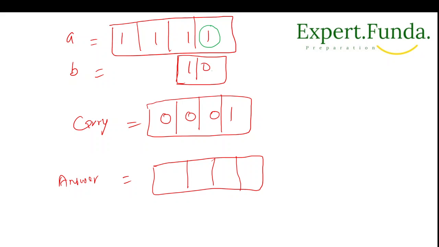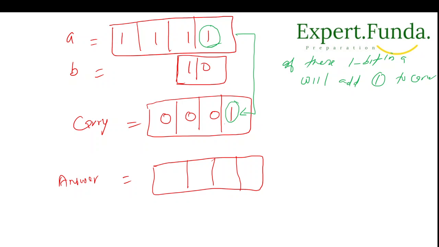If there is 1 bit in A, then we will add 1 to the carry, from here to here, correct?